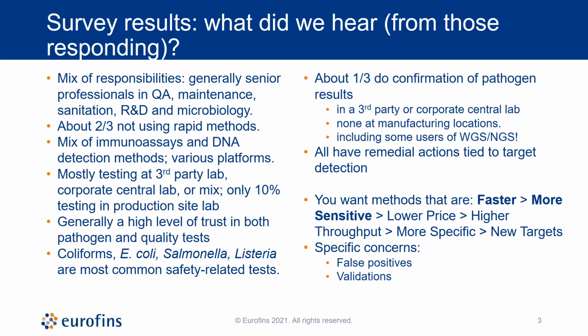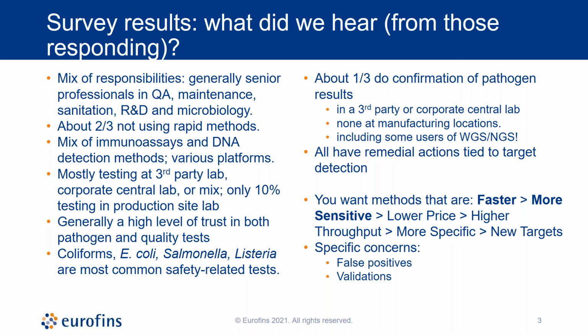Your organizations, about 2/3 currently are not using rapid methods, which I guess is why you're here. Of the third that are, you're using a mix of technologies and mostly using either central corporate labs or third-party labs. You generally trust your rapid methods, which is good. And the 4 most significant things that you test for safety are coliforms as indicators, E. coli, salmonella, and listeria.